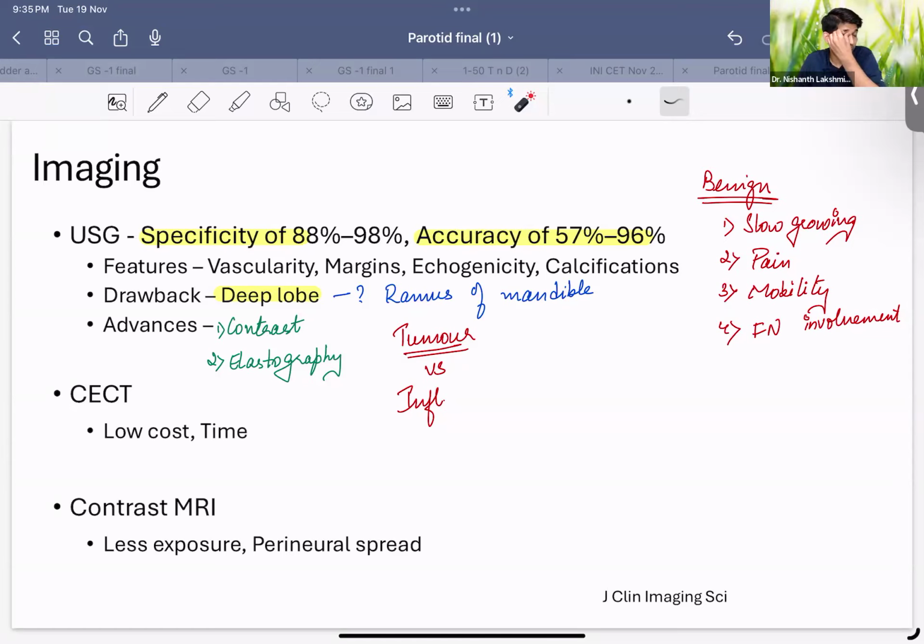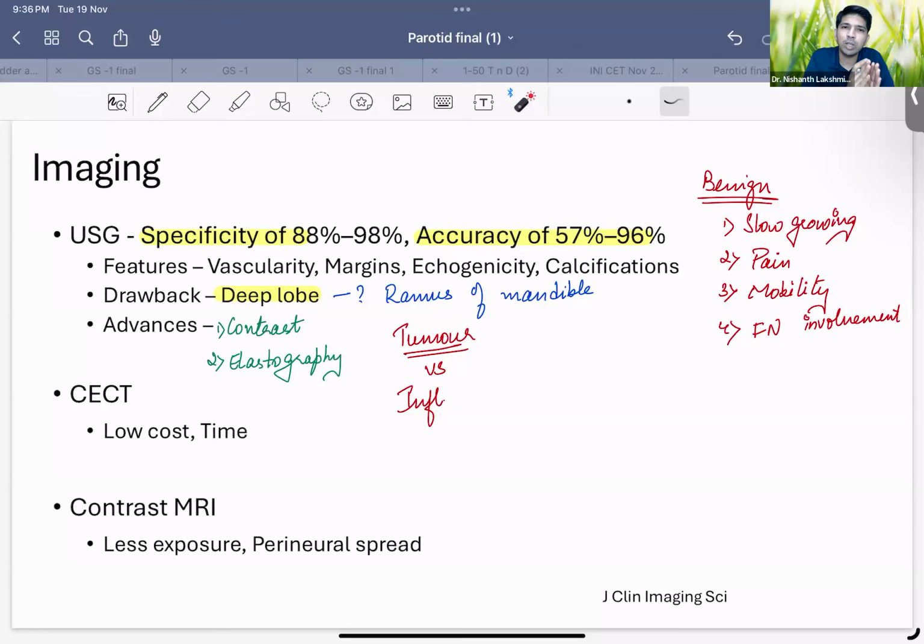Correct. I accept your point, but I will add another to it. I told you 80% of the tumors are pleomorphic adenoma, correct? Yes. And pleomorphic adenoma is such a tumor that, in the name only, pleomorphic, it has varied histology. So if the cells can change, can the consistency of the tumor also change? Yes. So if the consistency is up and down, can you depend on elastography? No. That's it. Okay. So if it's a straightforward hard mass, then you're outright, you know, it's a malignancy.